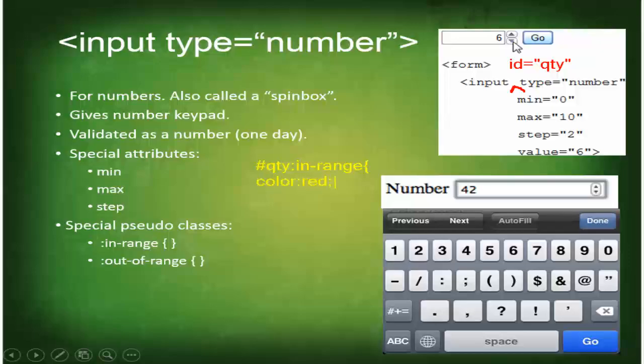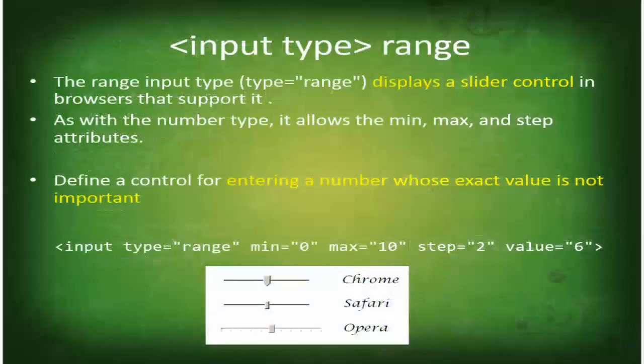You can do all these things and so on. So on the CSS, you have a pseudo selector for it. When it is inside the range, you can show blue color. When it goes outside, you can just show a red color to the user. So you can have some CSS along with it.